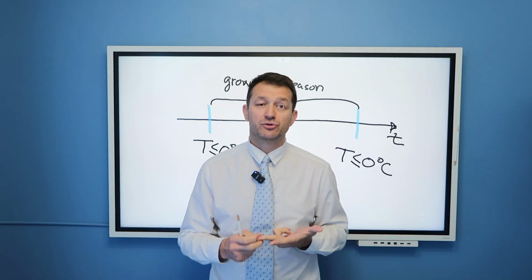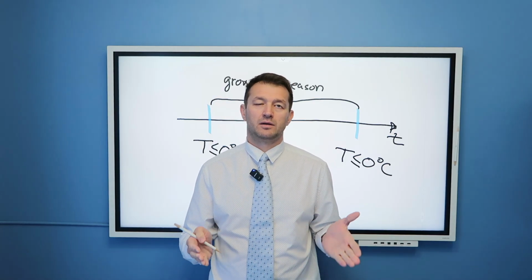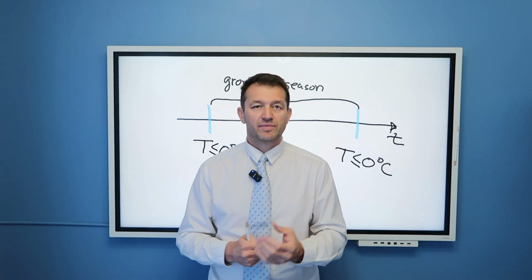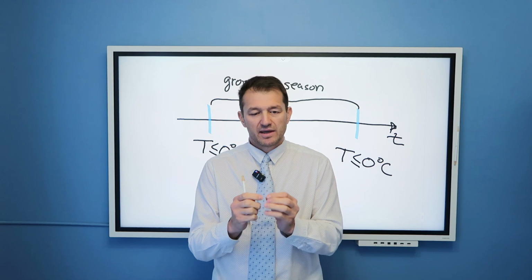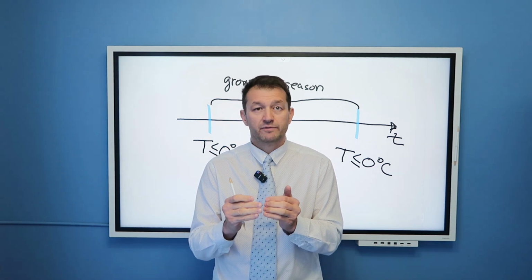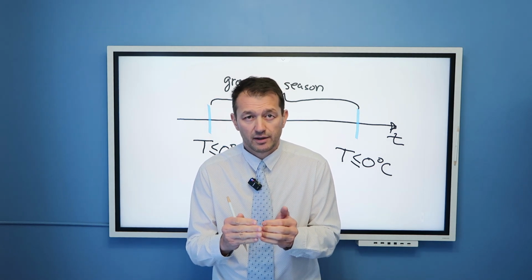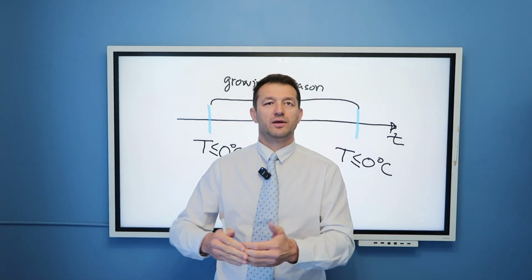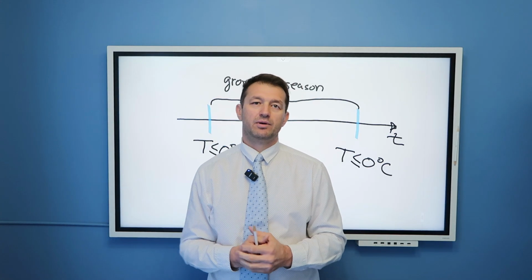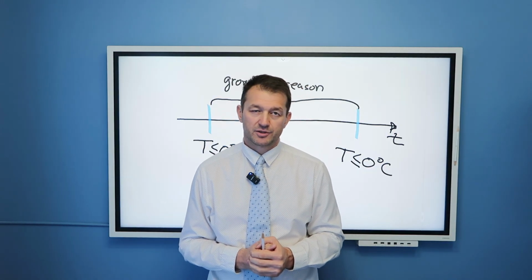Then three is duration of the sub-zero temperatures, because plant tissues tend to freeze gradually. If the period of negative temperature is very short, then the damage to the plant is not going to be as profound compared to long sub-zero temperature periods.